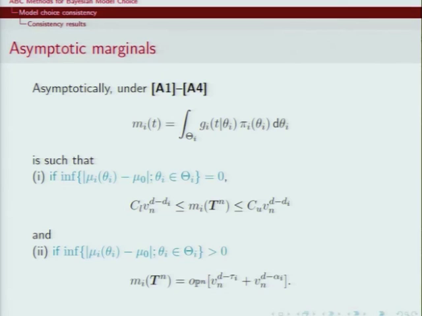So what this says is that if mu naught is not included in this range, the marginal distribution will pick the discrepancy and go to 0. If mu naught is within the range, then the behavior is totally dictated by Vn to the d minus di.